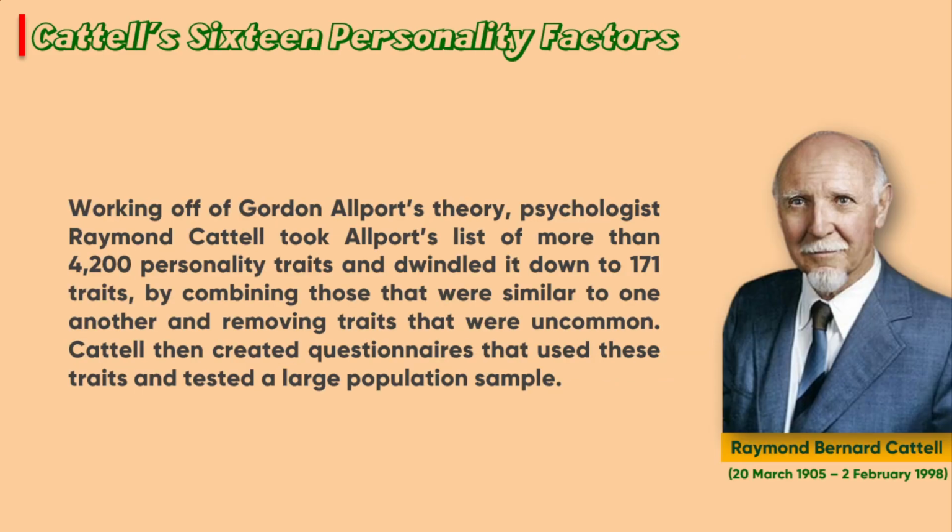Working on Gordon Allport's theory, psychologist Raymond Cattell took Allport's list of more than 4,200 personality traits and dwindled it down to 171 traits by combining those that were similar to one another and removing traits that were uncommon. Cattell then created questionnaires that used these traits and tested a large population sample.